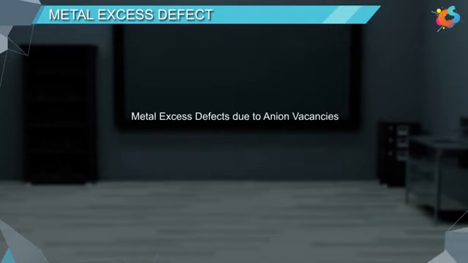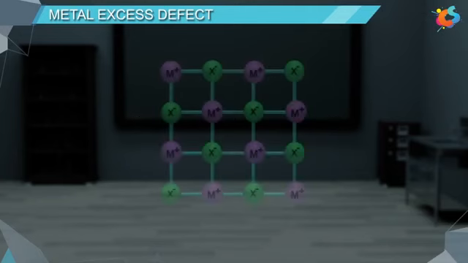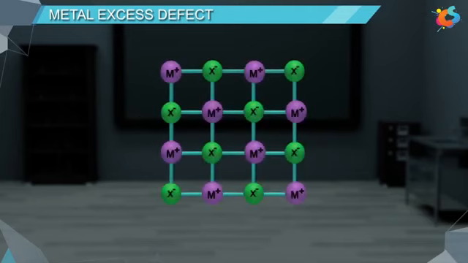Metal excess defects due to anion vacancies. In an ionic solid, an anion may be missing from its lattice site, leaving a hole which is occupied by an electron, to maintain electrical neutrality.